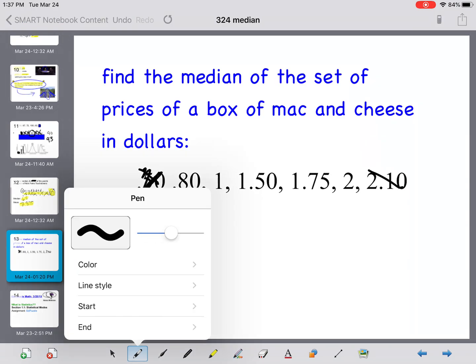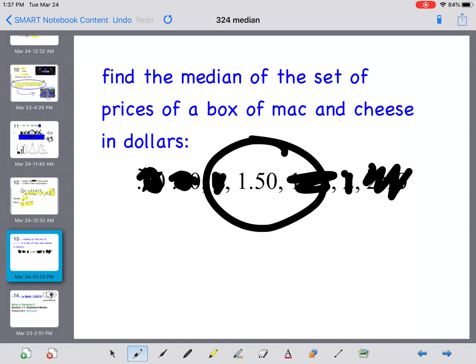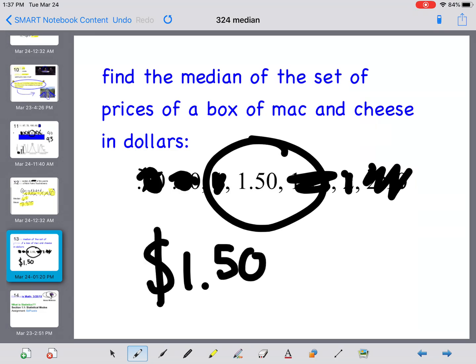So these are gone. We're not going to include them anymore. So those are gone. Well, we can continue to do that again until I have one number left. And that one number is $1.50.